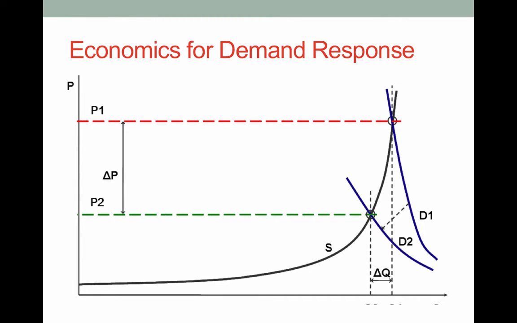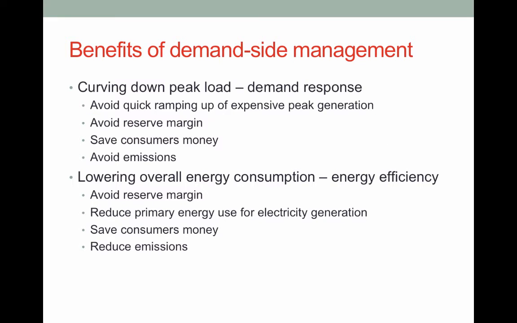So this is the reason why we need to change consumer behavior to curve down the peak demand so that we can avoid turning up the very expensive oil generators, and at the same time avoid the reserve margins for that peak demand. So the benefit for demand-side management.